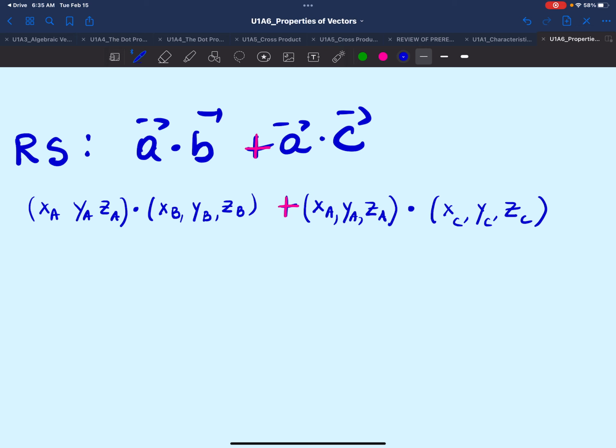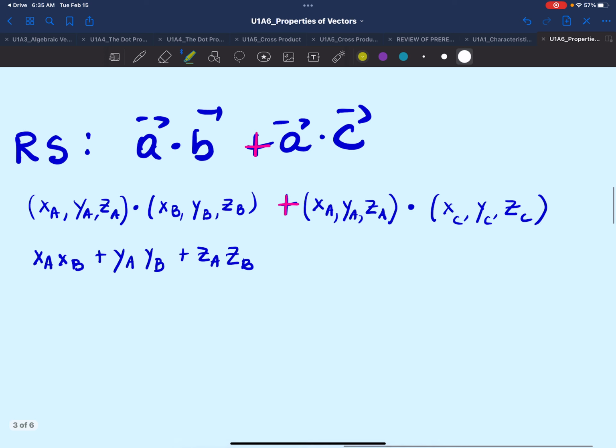So in dot product, again, remember that we're multiplying the x's together, the y's together, the z's together, and adding them all up, which means that we have x of A times x of B plus YA YB plus ZA ZB. So practically what we're doing here is the x's together, the y's together, and the z's together.